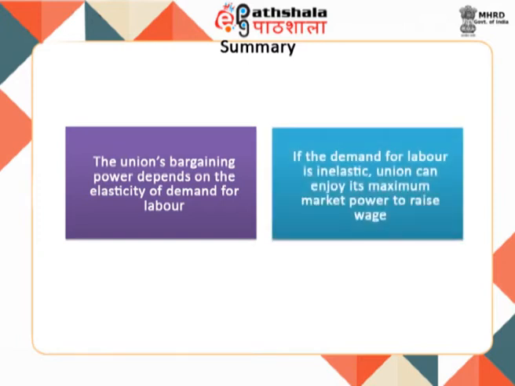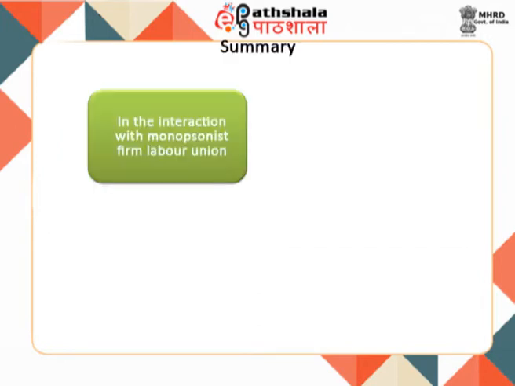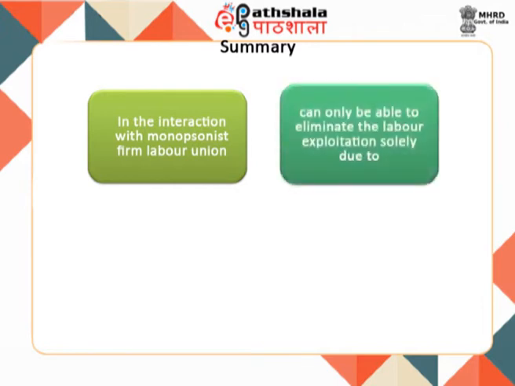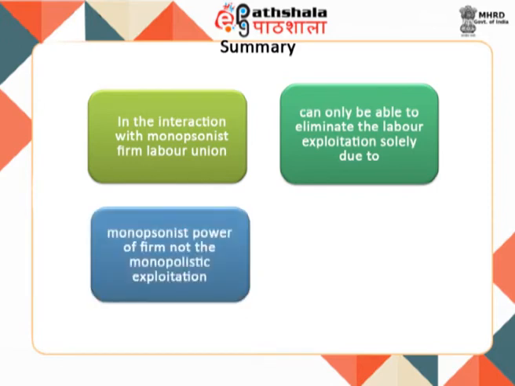If the demand for labor is inelastic, the union can enjoy its maximum market power to raise wage, or vice versa. In the interaction with a monopsonist firm, a labor union can only eliminate the labor exploitation solely due to the monopsonist power of the firm and not the monopolistic exploitation.